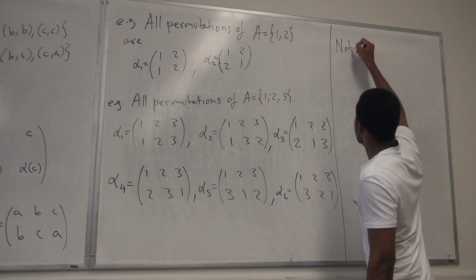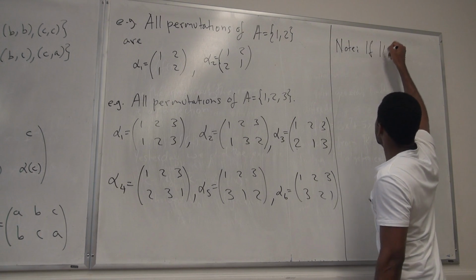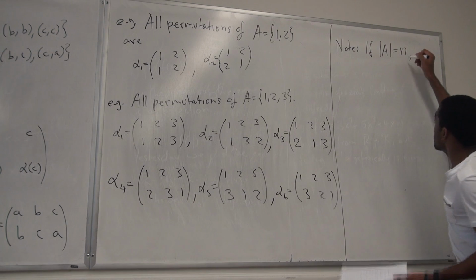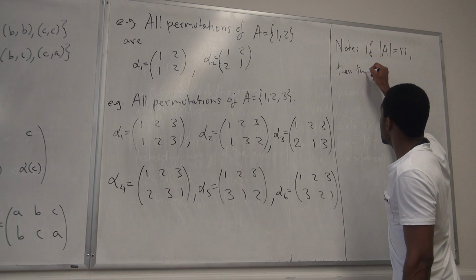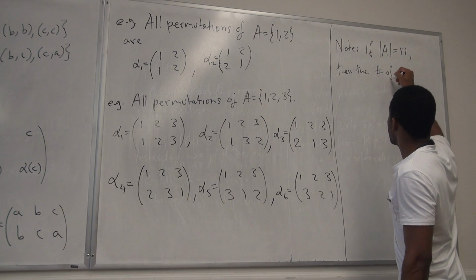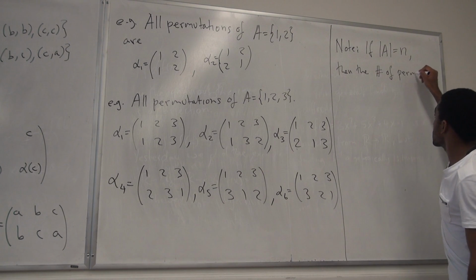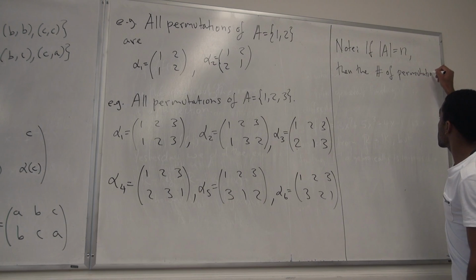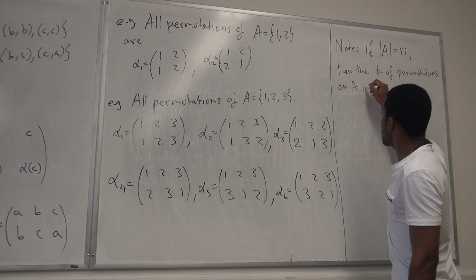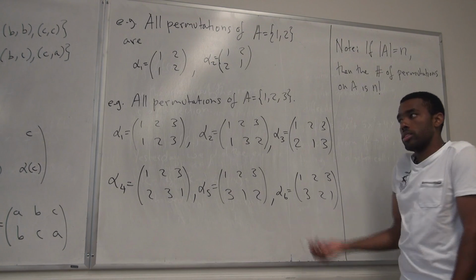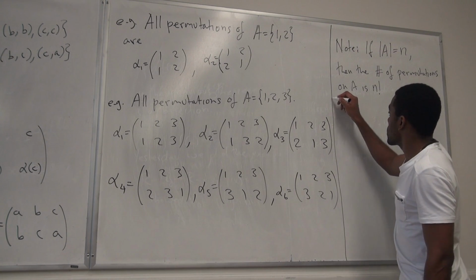So let's just write that down. Note: if the size of A equals n, then the number of permutations on A is n factorial, because they're just sets of bijections.